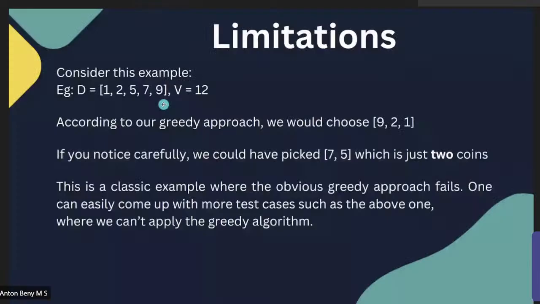So you can see why the greedy approach fails, because we didn't even consider choosing 5 as well. There's no simple way to tell your algorithm to do this. The greedy approach fails. I hope that's clear.